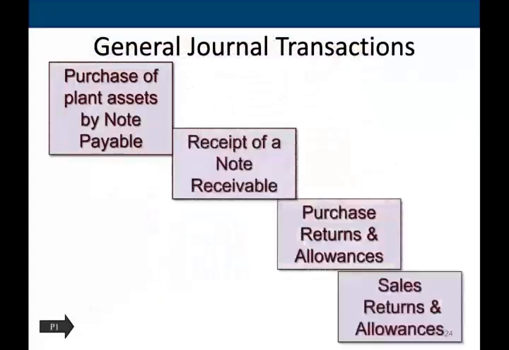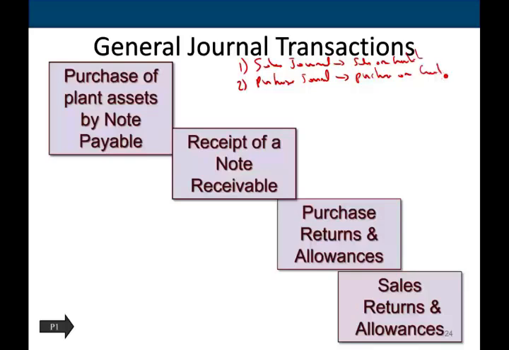And anything else that does not go on the following. So the first journal, we said the sales journal. That's one of the special journals. Then we talked about the purchases journal. So what goes on the sales journal? Sales on credit. What goes on the purchases journal? Purchases on credit.